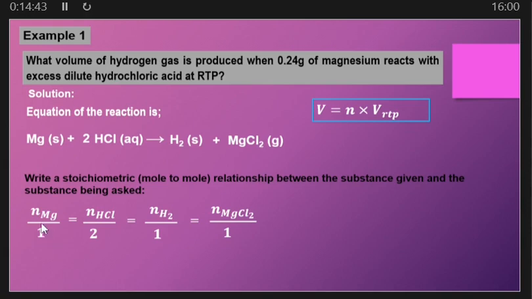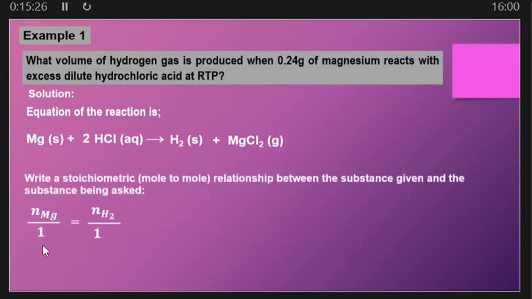In our equation, it is this part here: number of moles of magnesium equals number of moles of hydrogen gas. This is the mole-to-mole relationship that we should consider.